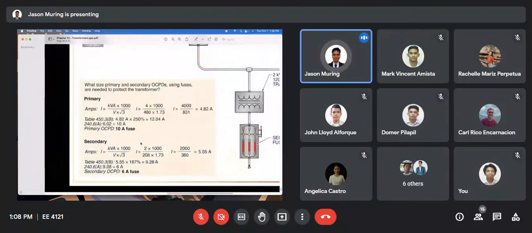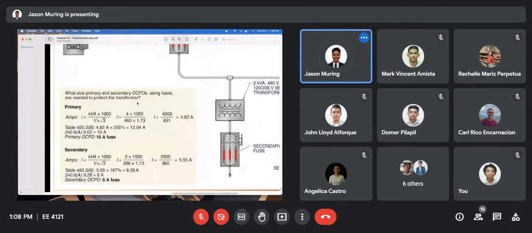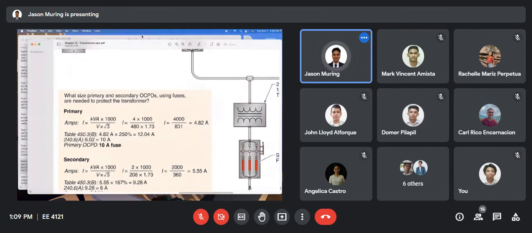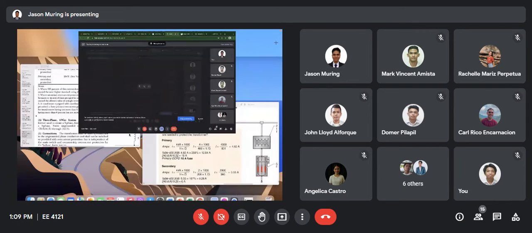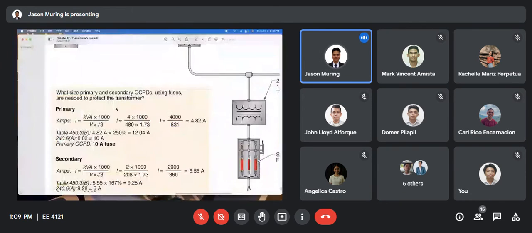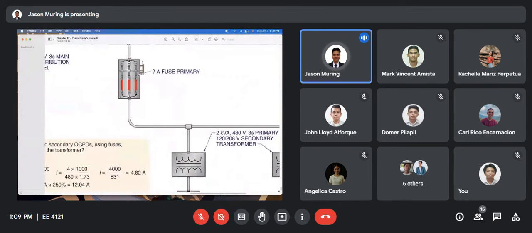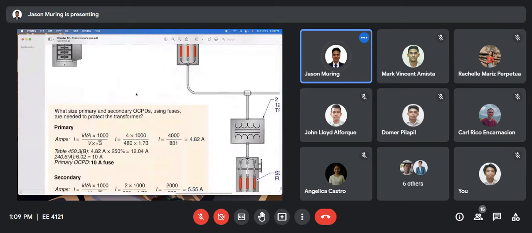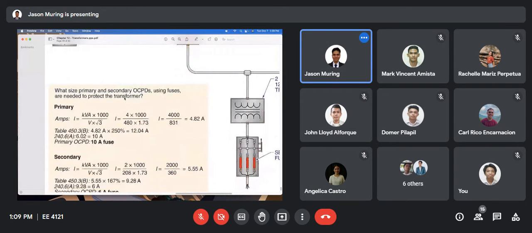So I think this is the last example. Okay, so what size primary and secondary? So we still have both kinds of protection. Using fuses are needed to protect the transformer.